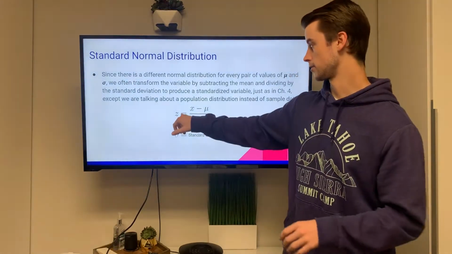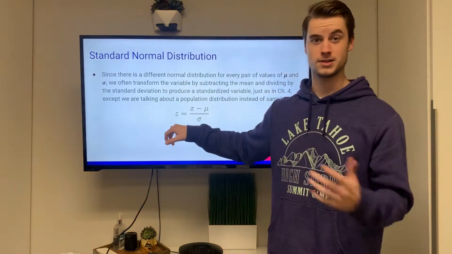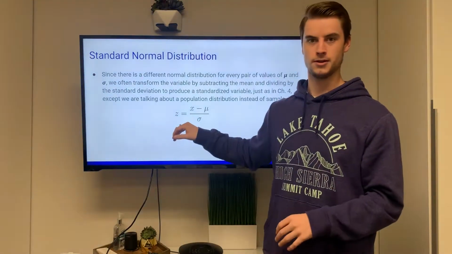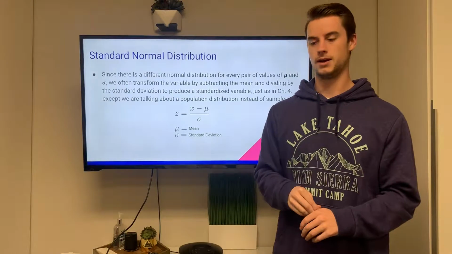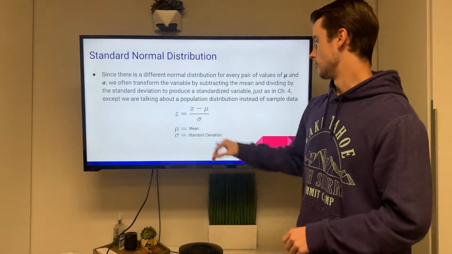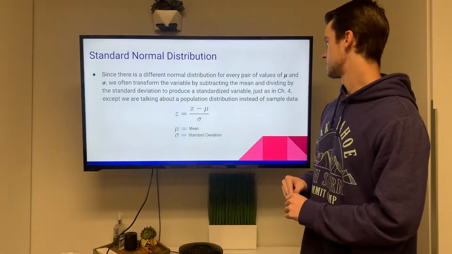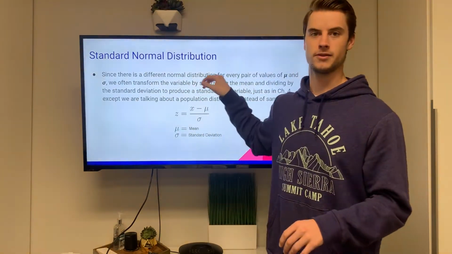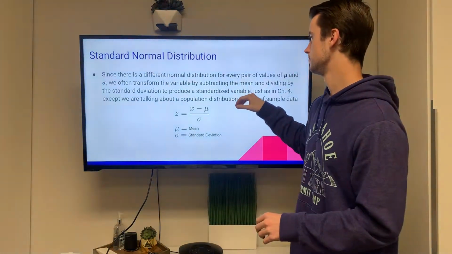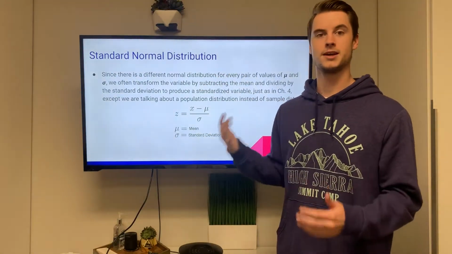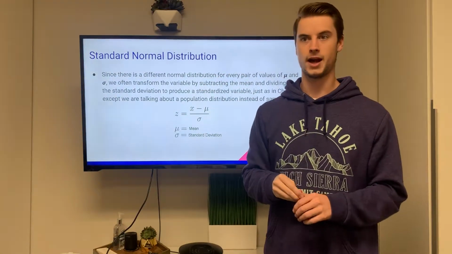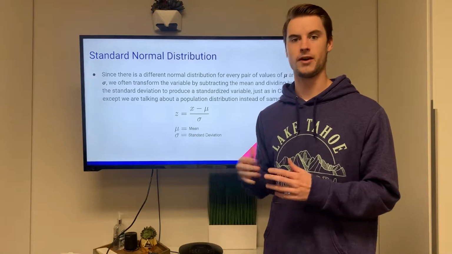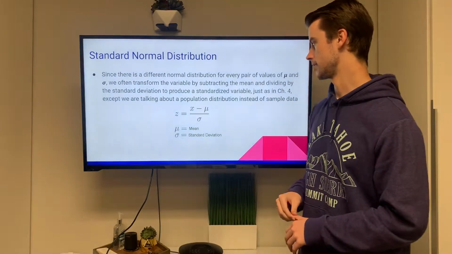Again, we talked about this in chapter 4, I believe, when it came to z-scores. Same thing here, right? This is just our z-score. So with our mean and our standard deviation, of course, we just standardize the variable, right? Since these can be any different variable or different distribution, we can standardize it by giving it a z-score, how far away that value is from the mean, right? We talked about that in chapter 3.